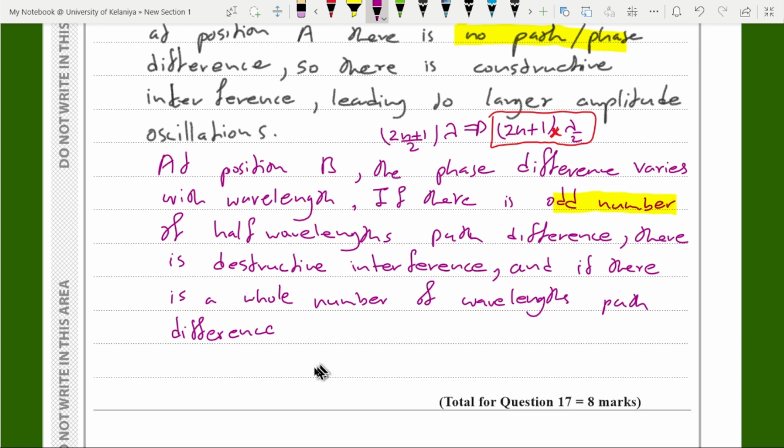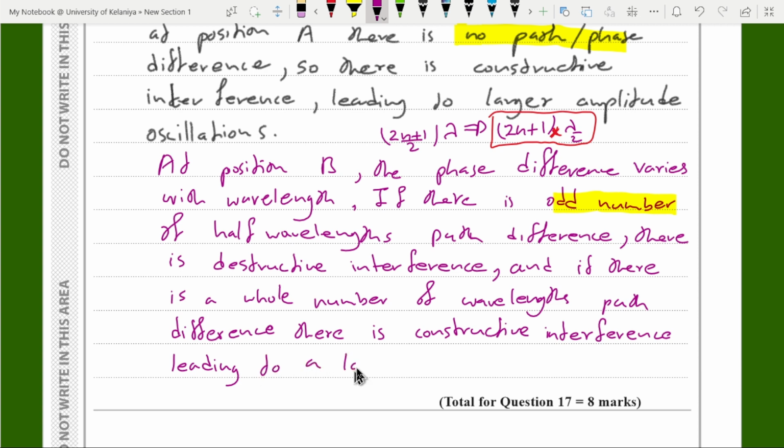There is constructive interference, leading to large oscillation, right?